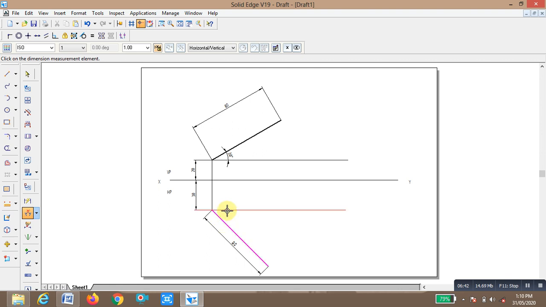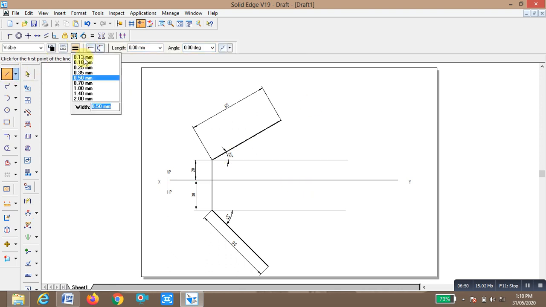Now we are going to draw the locus line at the extreme end of these lines. Here I draw the locus line passing through the extreme end of the line. Similarly here also, touch the end point, it shows the dotted line, and you draw the locus line.